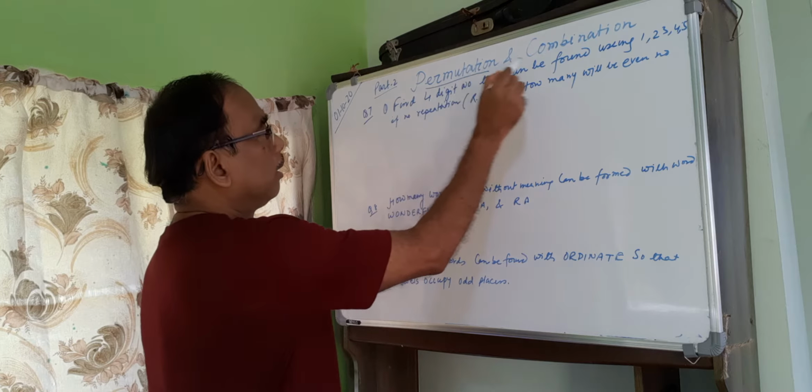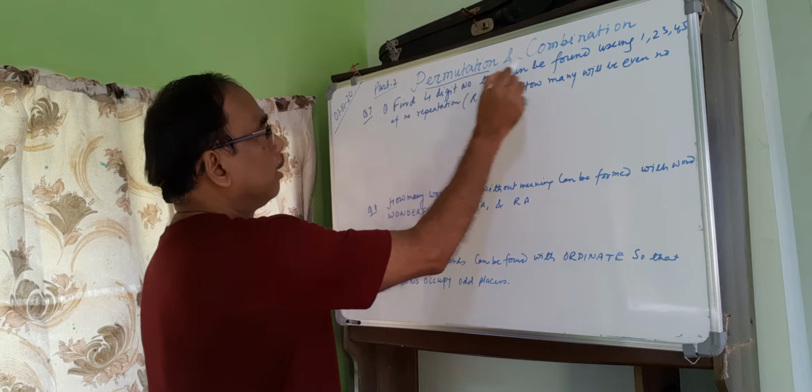Or you can take 2, or 3, or 4; that's why "or". When 2 flags are used, the number of signals is 5P2, which is factorial 5 by factorial 3, 5 into 4, that is 20 ways.